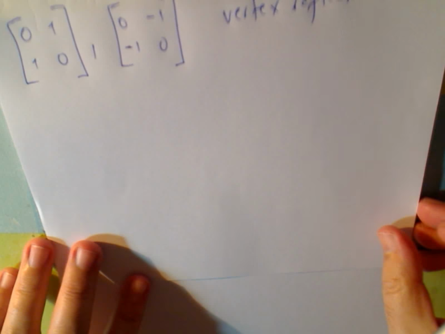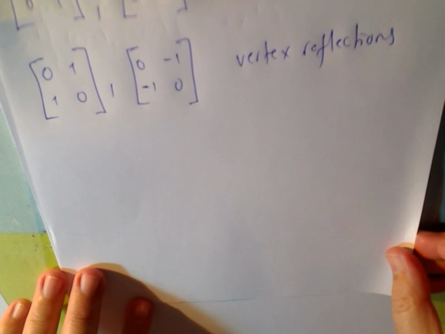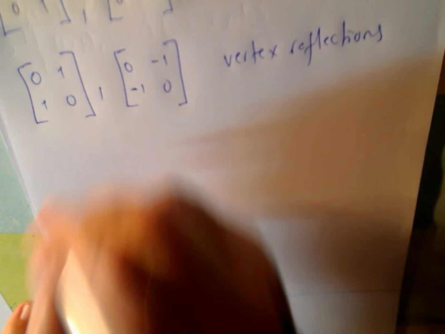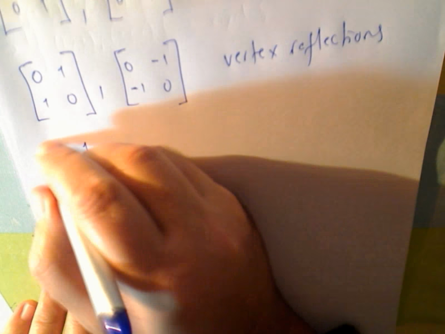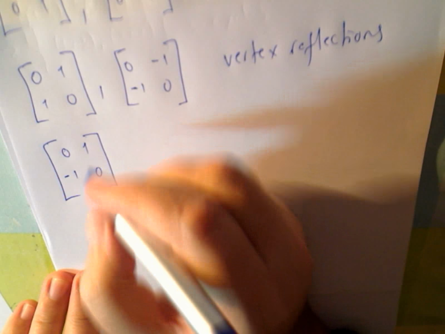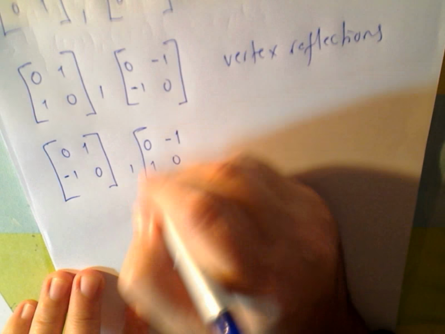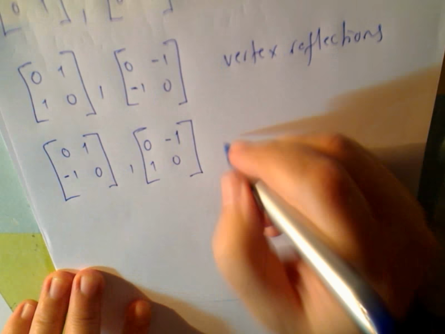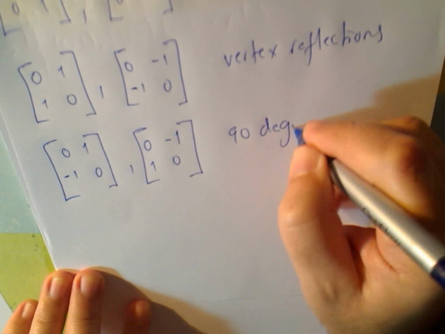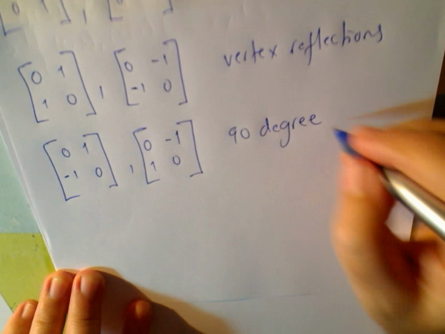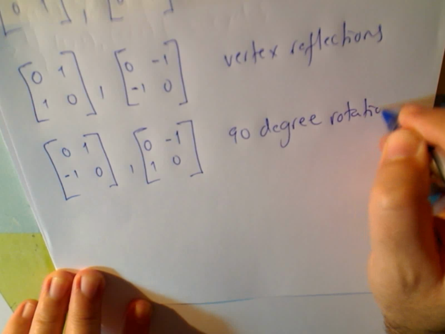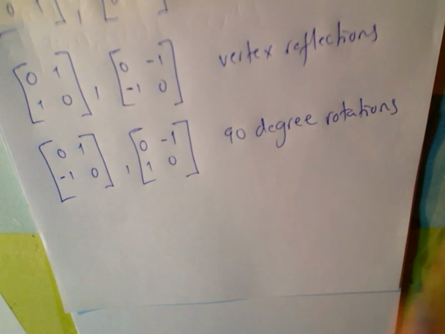And what's the last one? The 90-degree rotations: 0, 1, -1, 0. And the last one is 0, -1, 1, 0. These are clearly the 90-degree rotations.